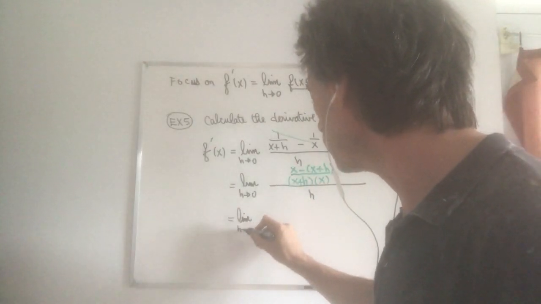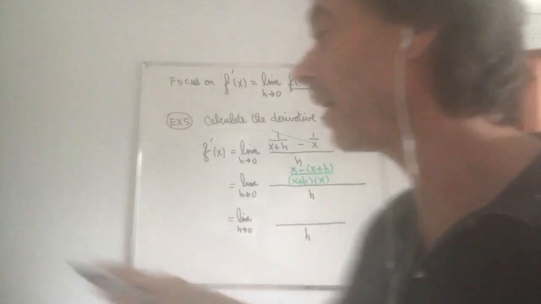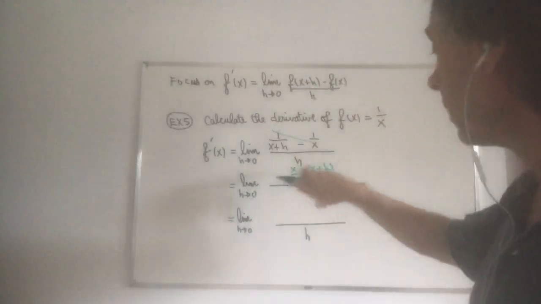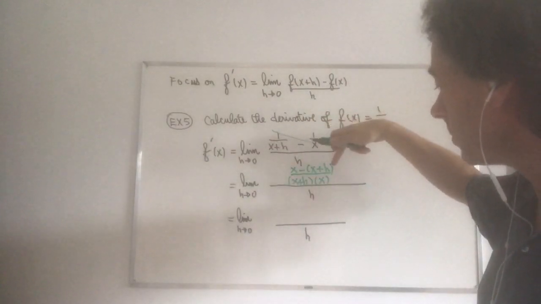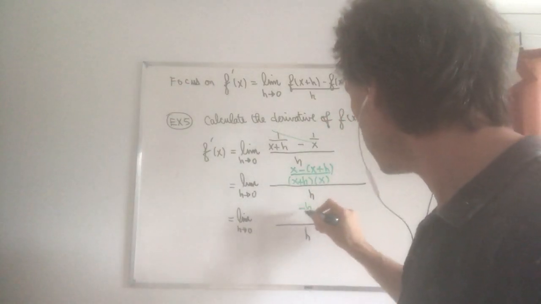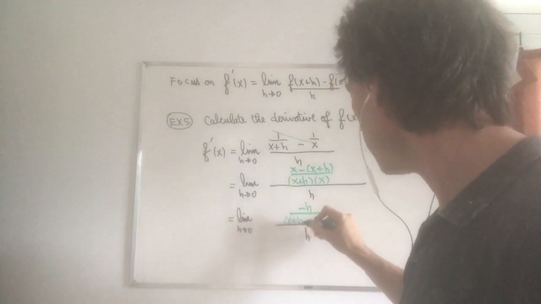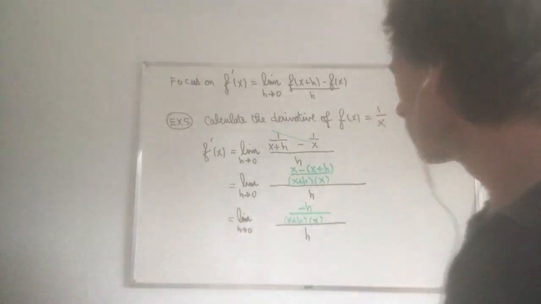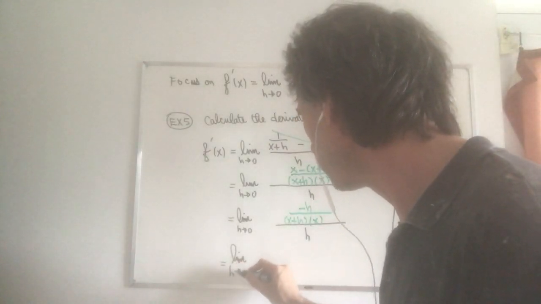So limit as h goes to 0. What do we got? H here. And on top, what do we have? Let's open the brackets. X minus x minus h. The x's will cancel. I will just get minus h over x plus h times x. This is awkwardly written. We can do better by flipping the h downstairs.